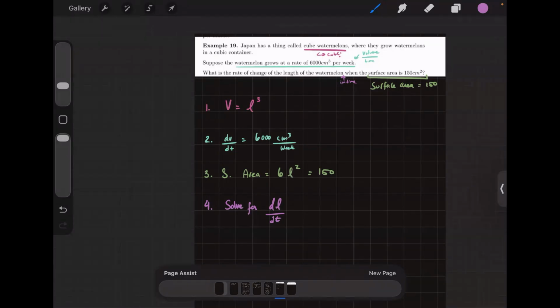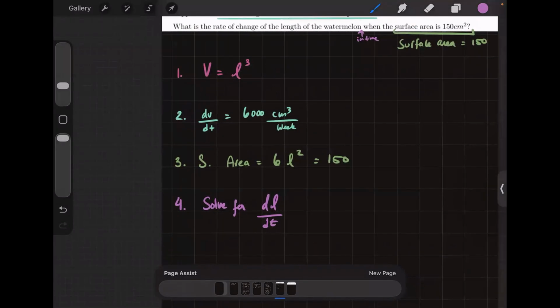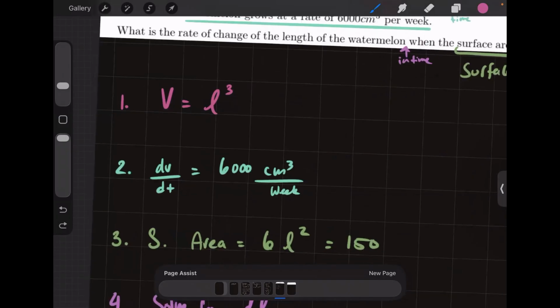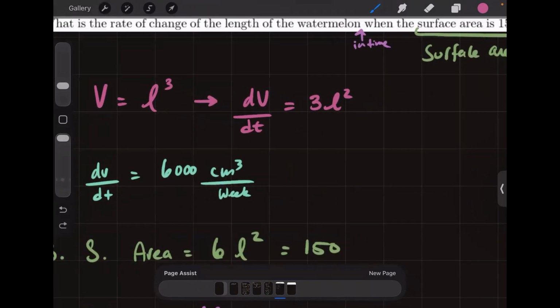Where can we find dL/dt? Well, we can differentiate this in terms of time, can we not? So let's give it a go. We know that this in terms of time, dV/dt, is equal to 3L squared dL/dt, because you differentiate length in terms of time.